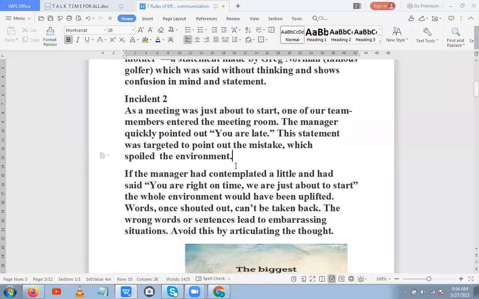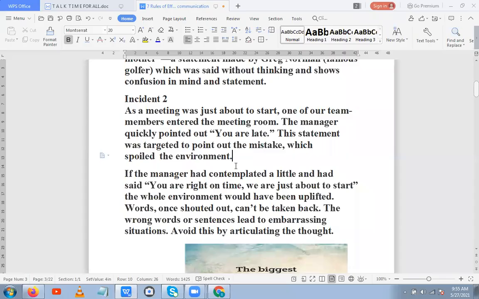Suppose, as the meeting is just about to start, you are coming in the class. Okay, you are coming in the class late, right? Yes. And the moment you come in, the teacher says you are late. Yes. But then, if the statement is changed, then what happens? You will feel bad.